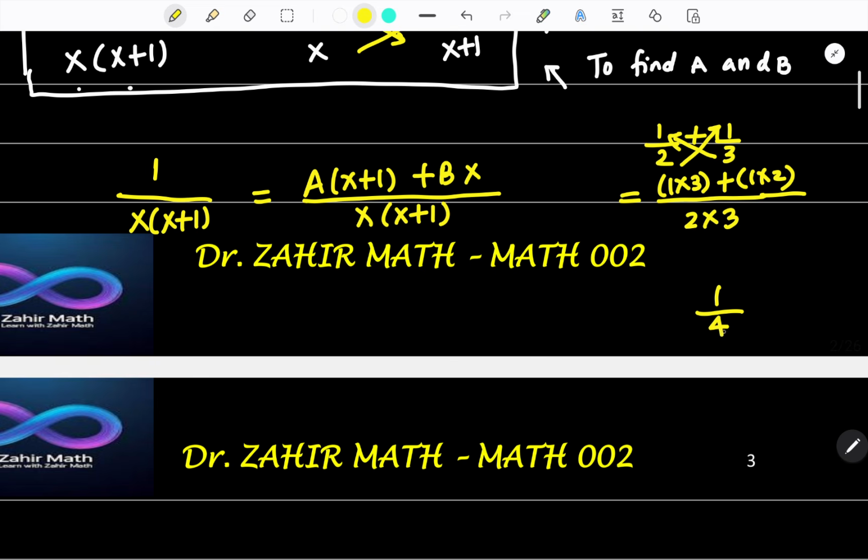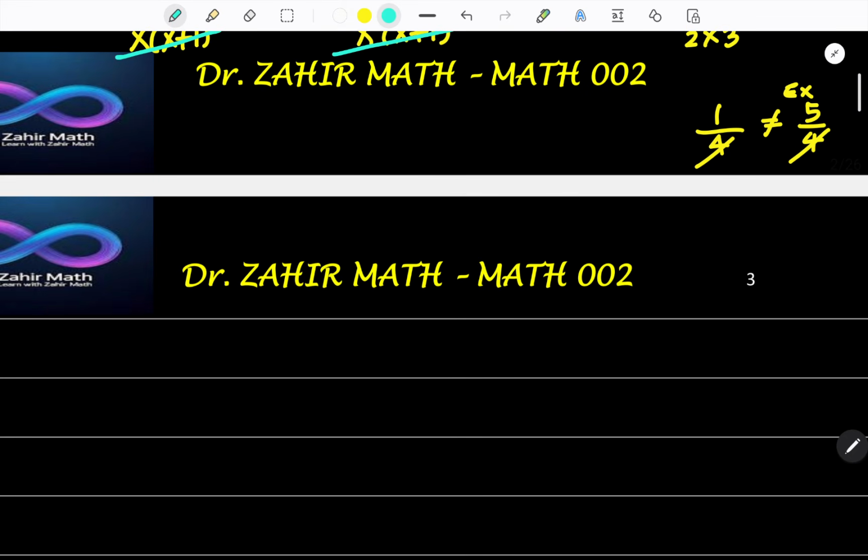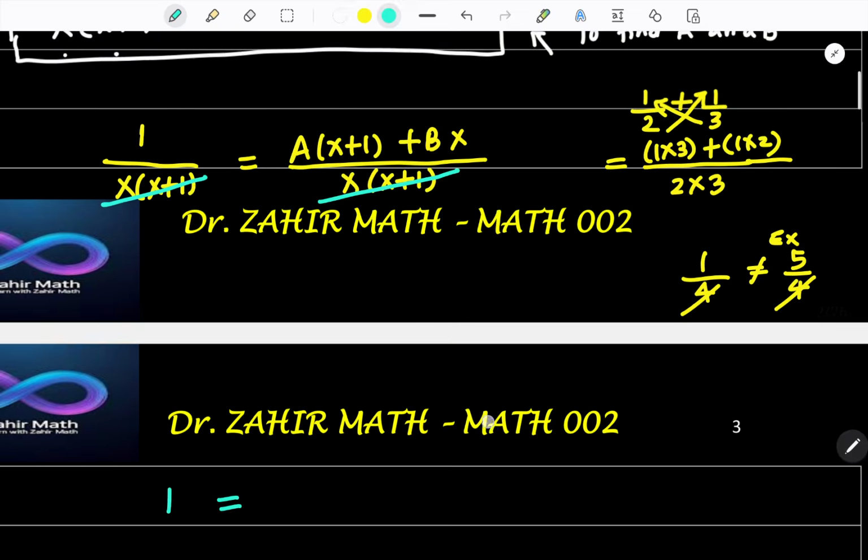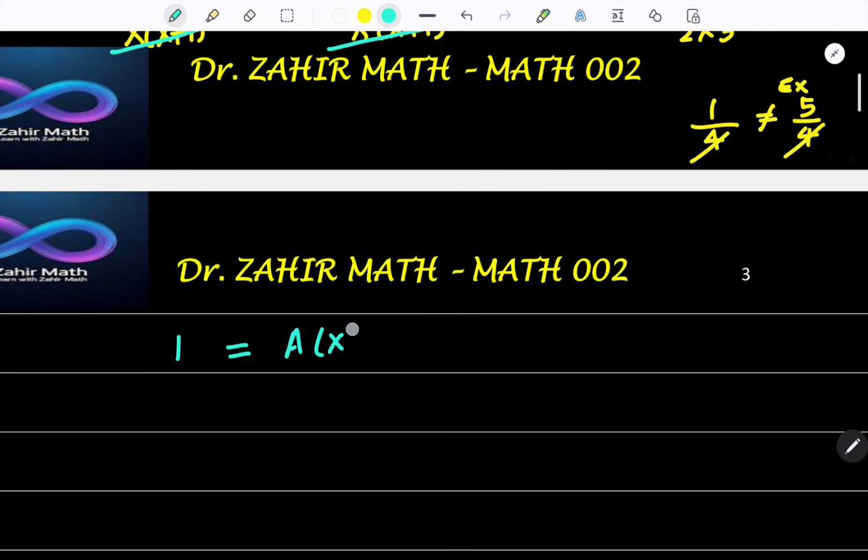If something here 1 by 4 equals 5 by 4, you can cancel this 4 and 4, right? But 1 is not equal to 5. Just an example I'm giving. So what happens now? This x plus 1, x plus 1 gets cancelled. So now I get an equation: 1 equals a times x plus 1 plus b times x.